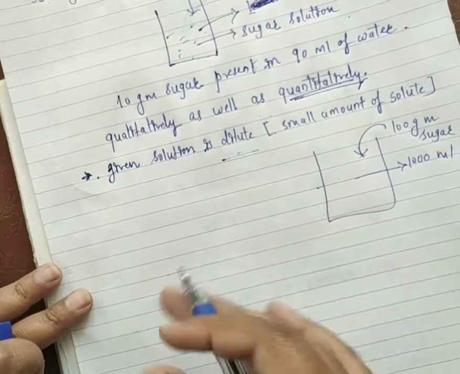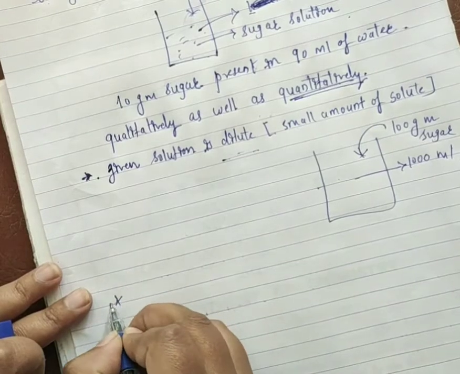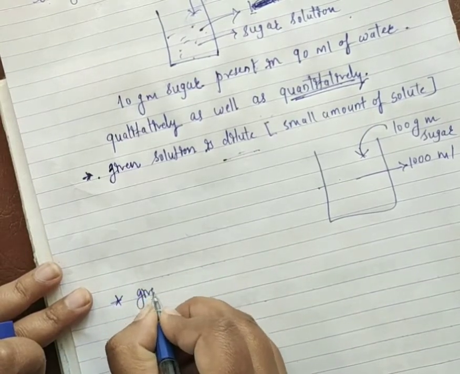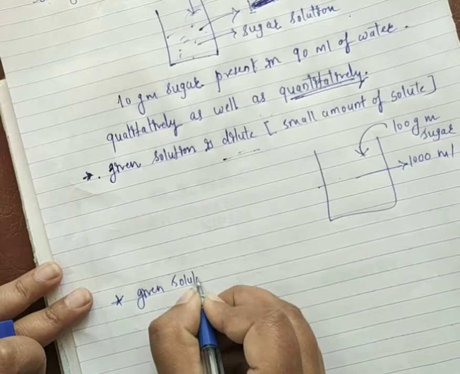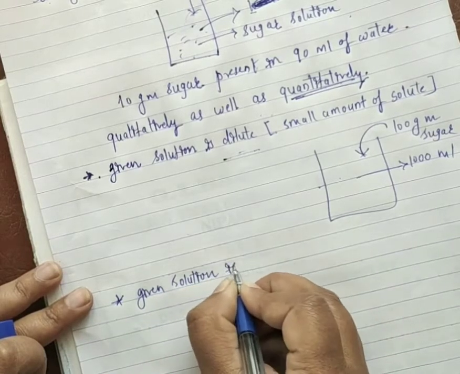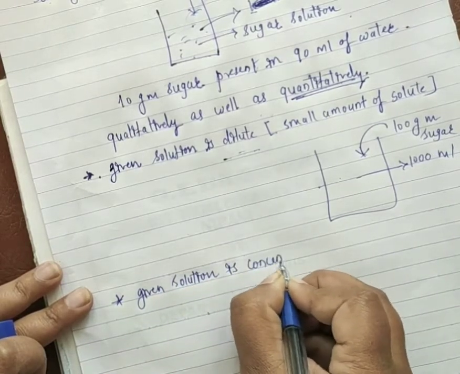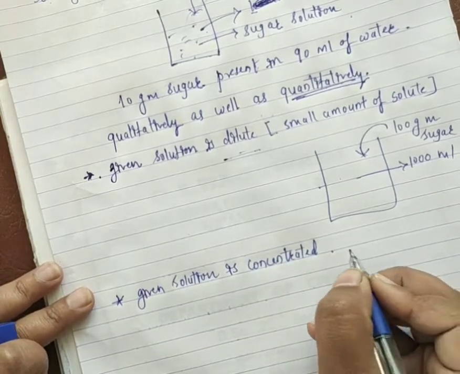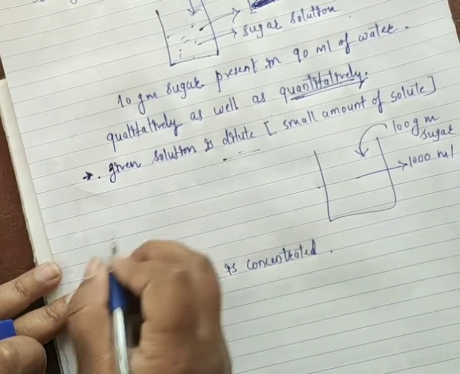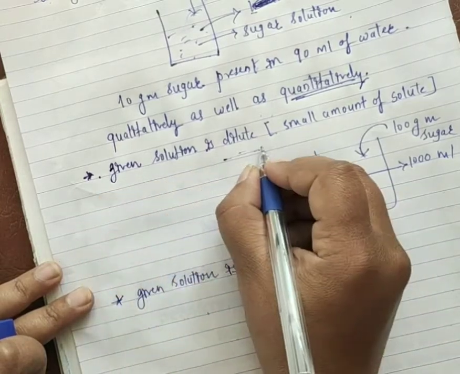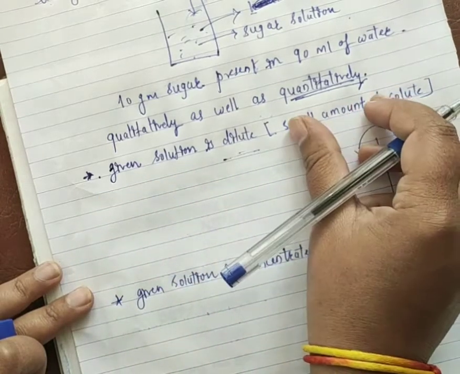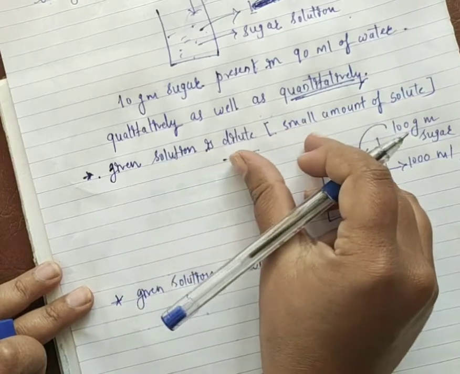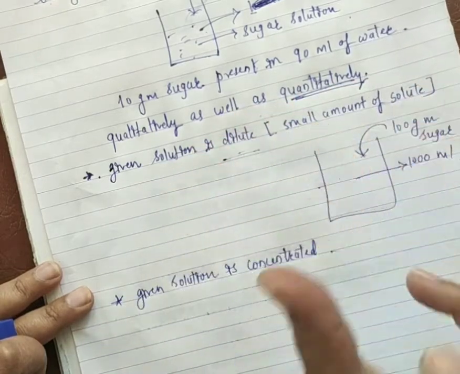Now in quantitative terms, if I say the given solution is concentrated, what does it mean? Using the quantitative terms, if the given solution is dilute, a small amount of solute is present.